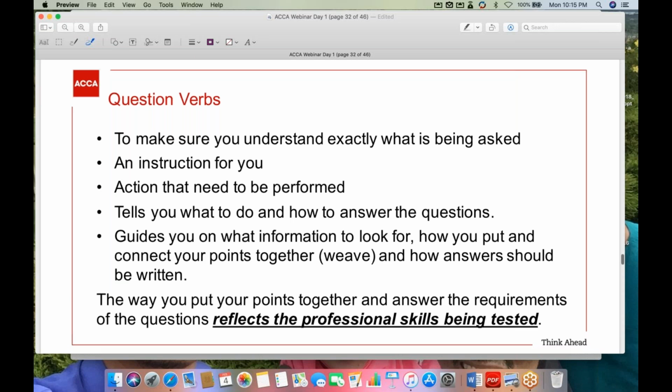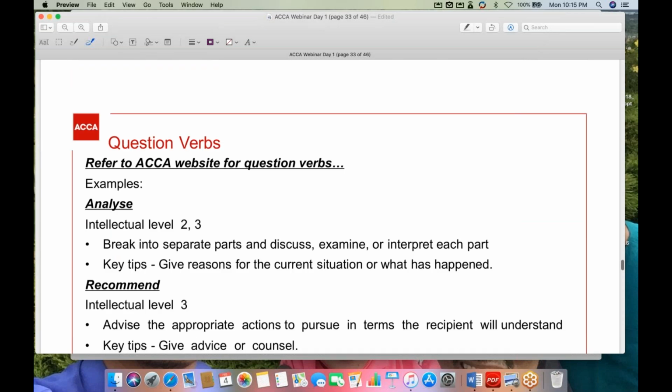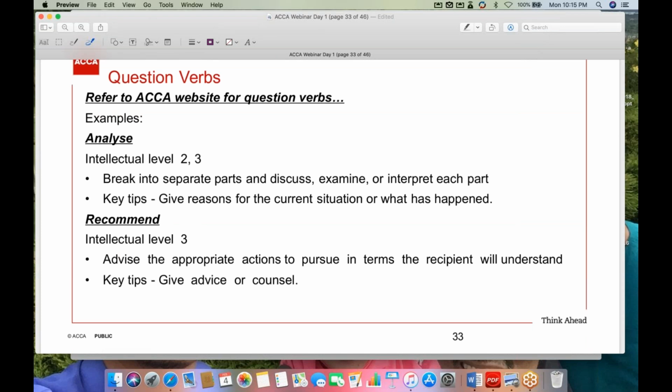These are some examples of the question verbs that you may find on the ACCA website. You can type in question verbs on the ACCA website, and this will appear, or answering techniques.